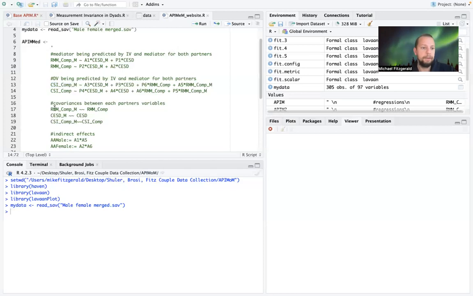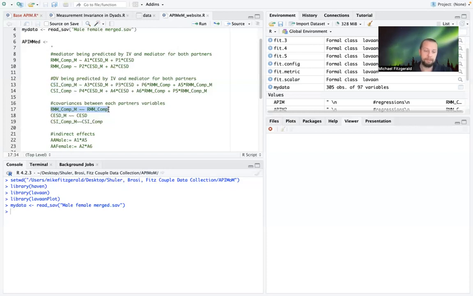And then we also have the covariances between each set of variables across partners. Remember, the way we account for the nesting within the actor-partner interdependence model is through our partner effects, but also through our residual covariances, because the extent to which I am relationally mindful when I communicate with my partner is probably going to be correlated in some way with how mindful my partner is.